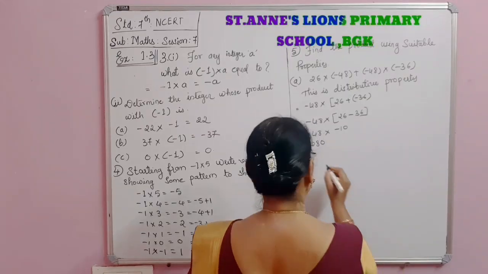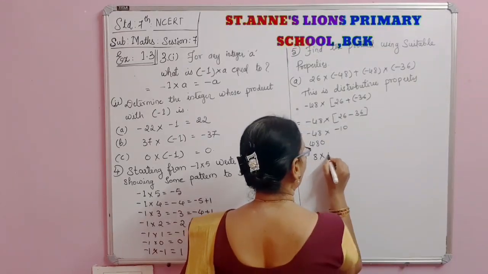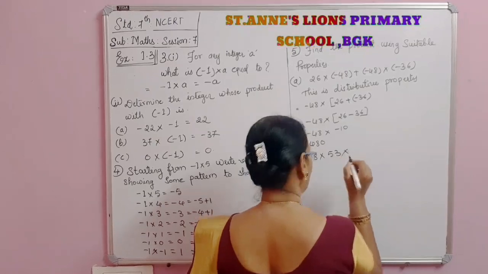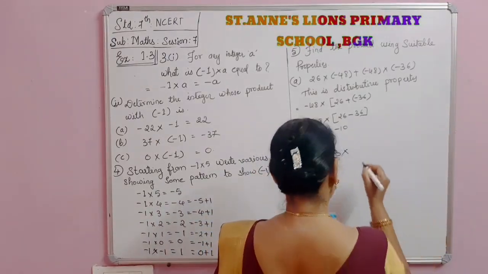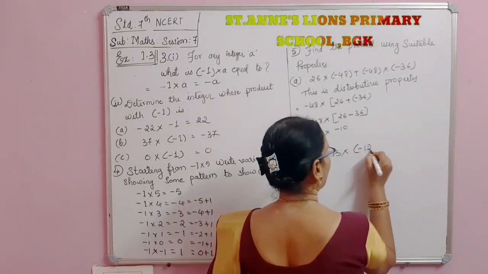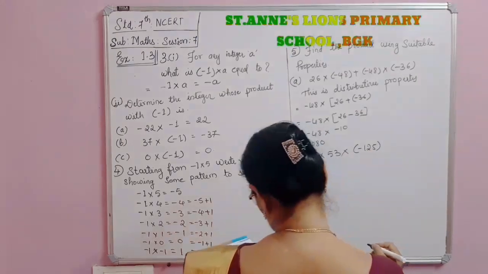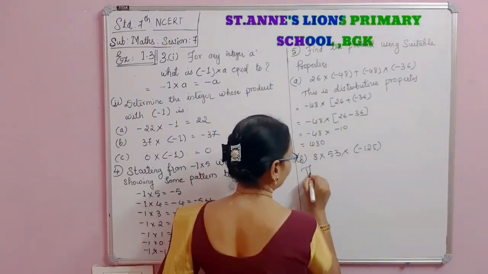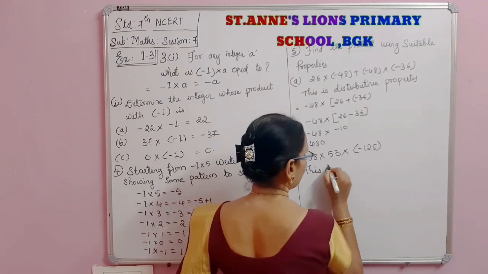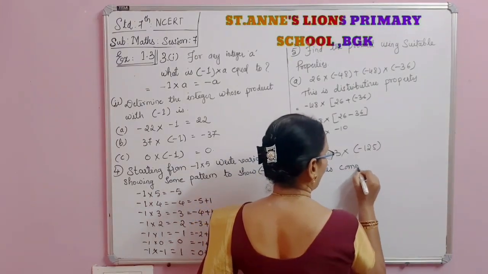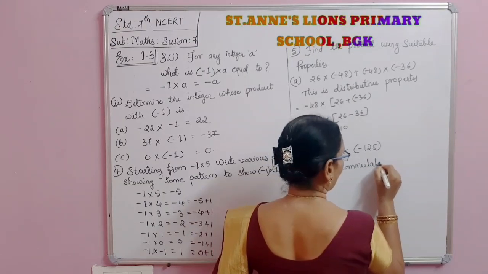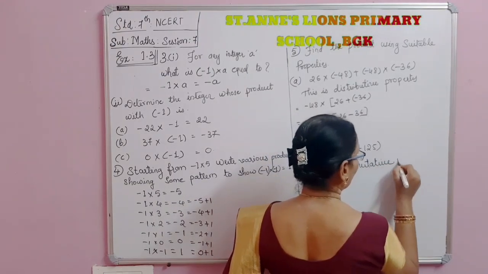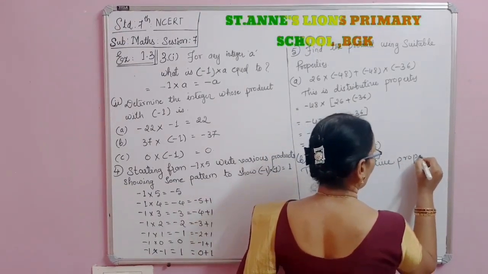8 into 53 plus 8 into minus 125. Here this is commutative property.